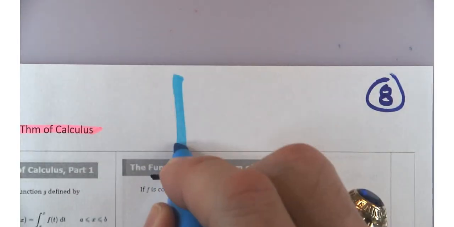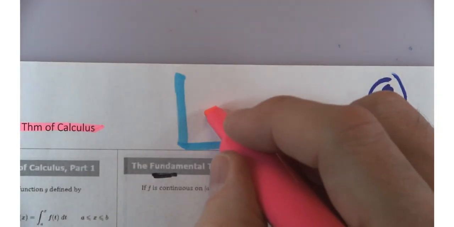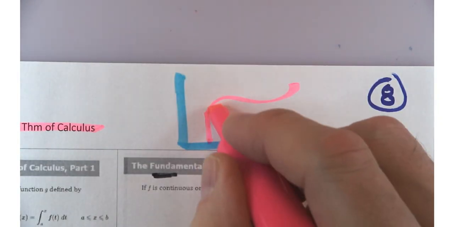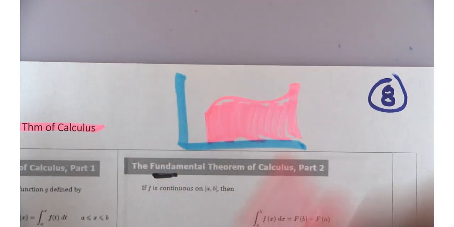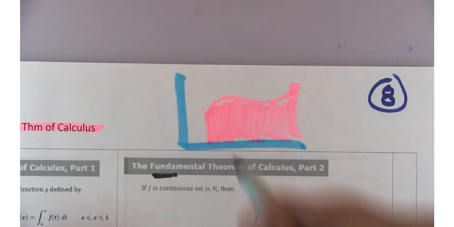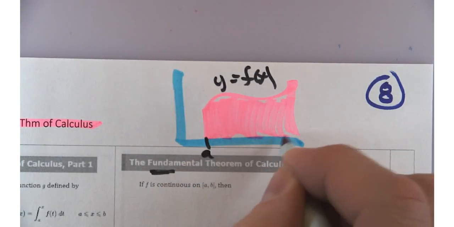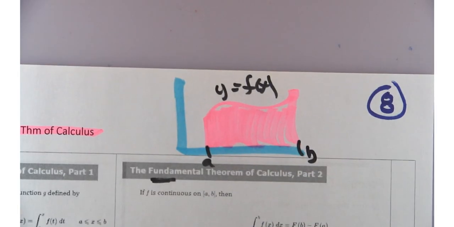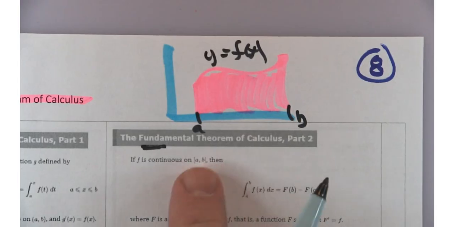Yeah, it's the area underneath a curve between points A and B. So it's just going to be this area right here when you've got y equals f of x between A and B.